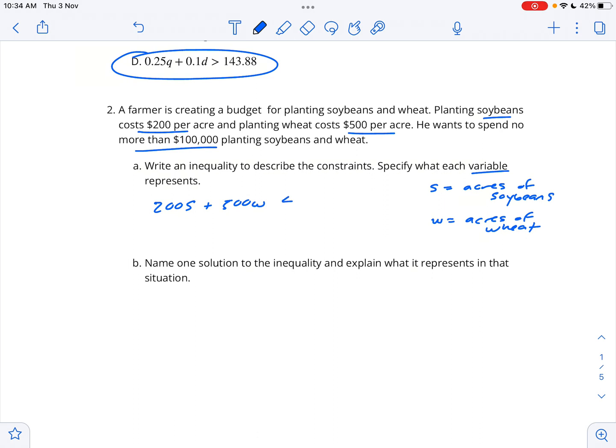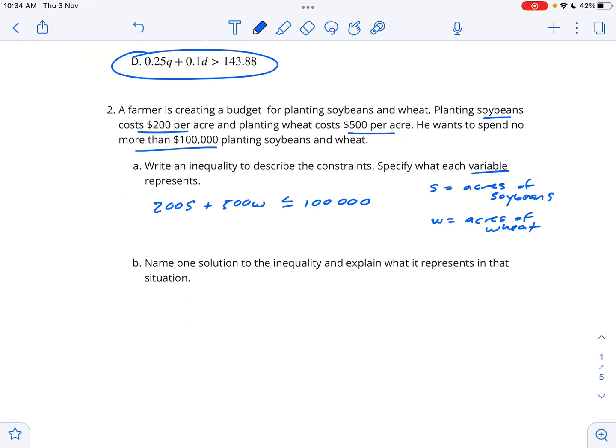So that means he's got to stay less than or equal to $100,000. So that would be the inequality for that first one. For B, name one solution to the inequality and explain what it represents in that situation. So really, any combination that stays below 100,000 is fine.